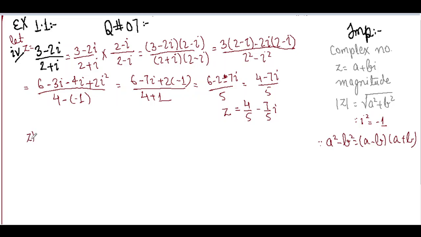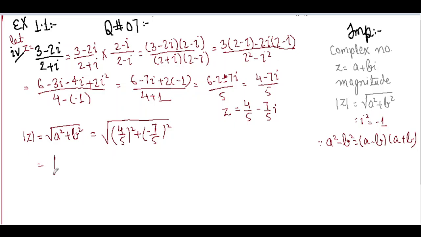To find its magnitude, the formula is square root of a square plus b square, where a is the real part, which is 4 by 5, and b is the imaginary part, which is minus 7 by 5. Now we are going to take their squares. 4 by 5 whole square plus minus 7 by 5 whole square.